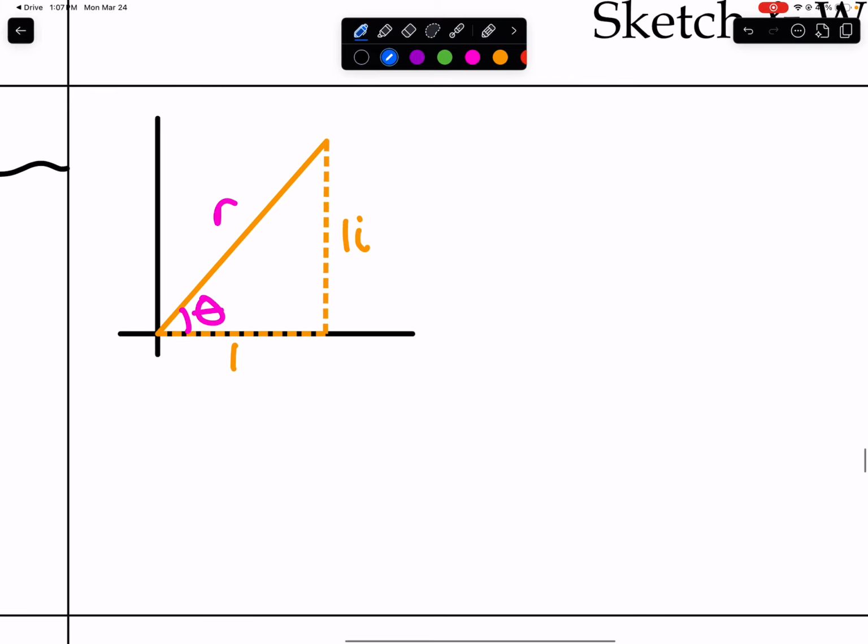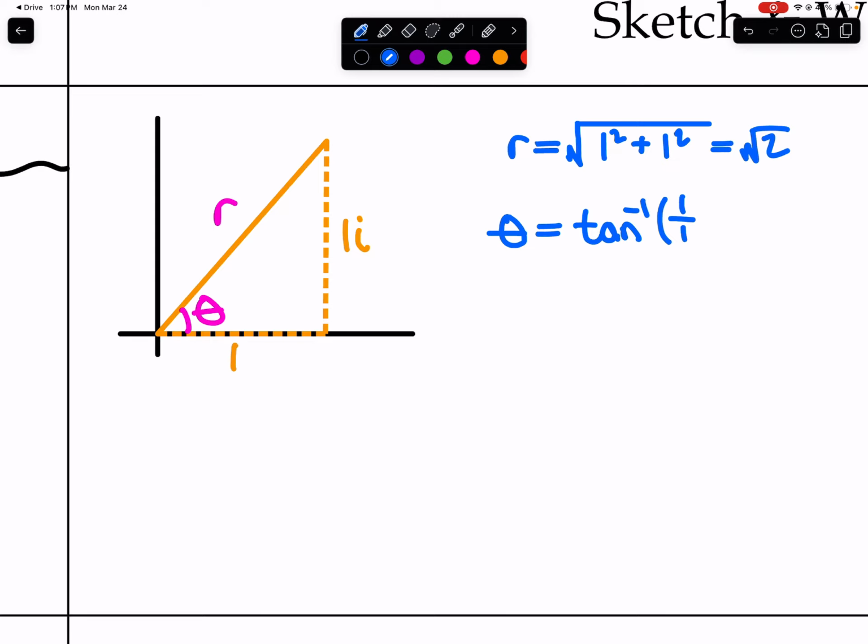So over here, to find the r value, that's going to be the square root of each component squared. So 1 squared plus 1 squared, which is just going to give you the square root of 2. And then for my theta value, I need to do inverse tangent of my y over my x, so it's just going to be 1 over 1. You don't include the i.